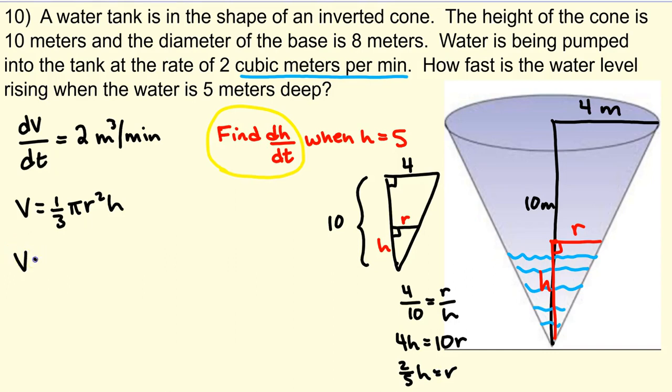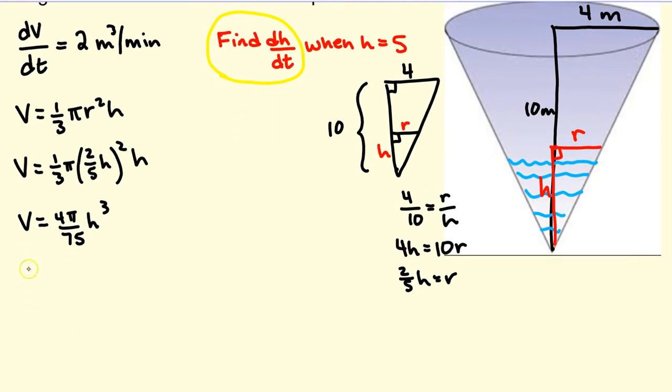So back to that equation, volume equals 1/3 pi times (2/5 h) squared times h. And when we square that and multiply our constants together, we have 4 pi over 75 times h cubed. So now we're ready to differentiate. dV/dt equals 4 pi over 75 times 3h squared dh/dt.